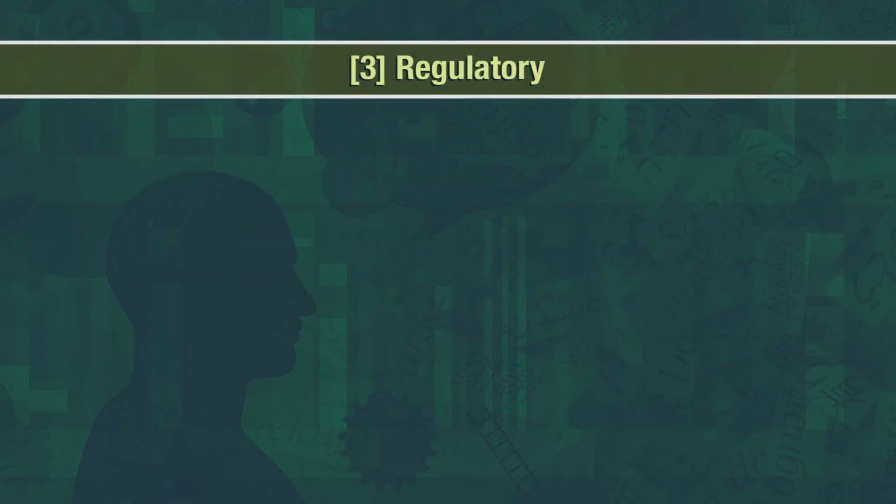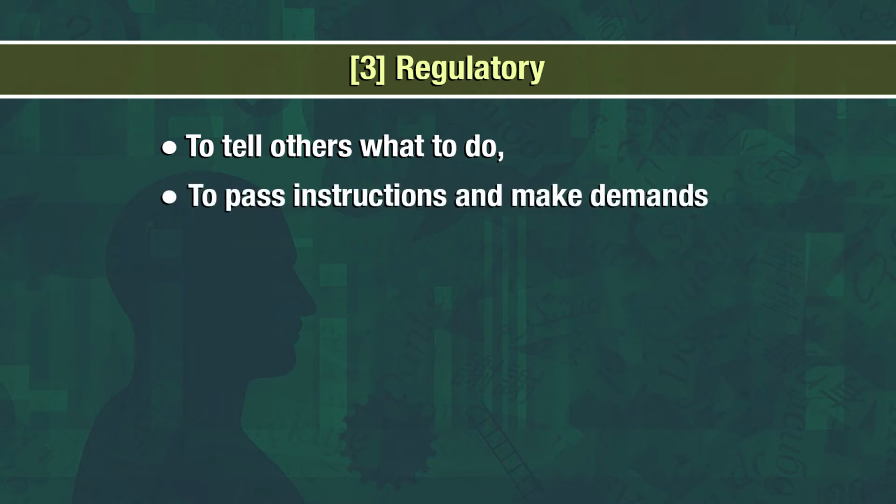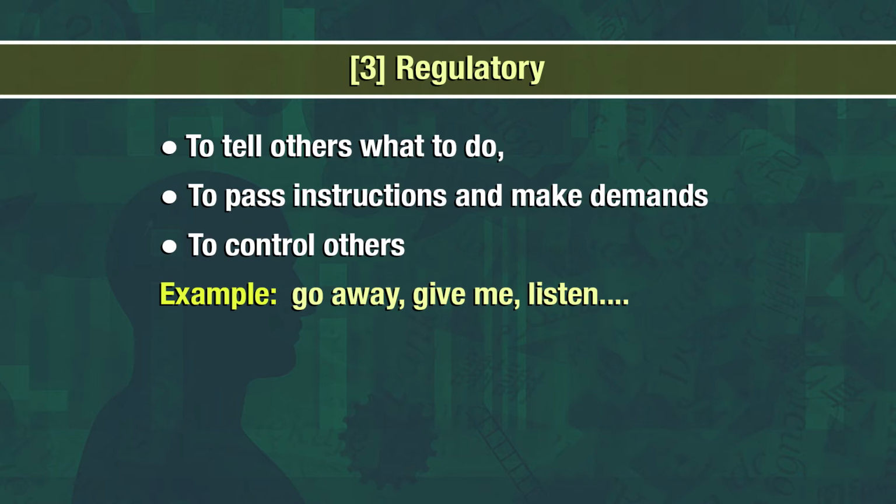The third function for which they use language is regulatory. They tell others what is required to be done. They attempt to pass instructions and make demands. And often they use language to control others. For example, go away, give me this, listen.